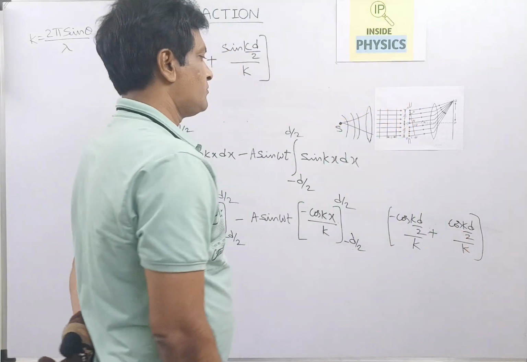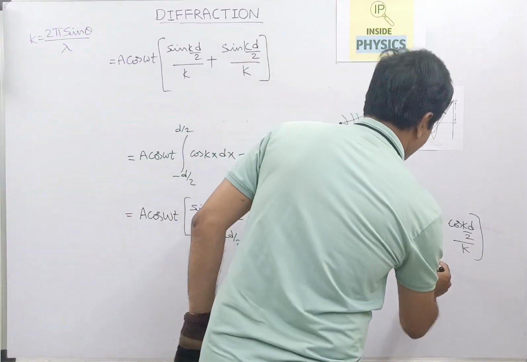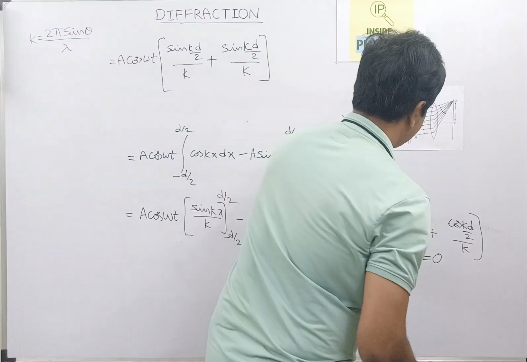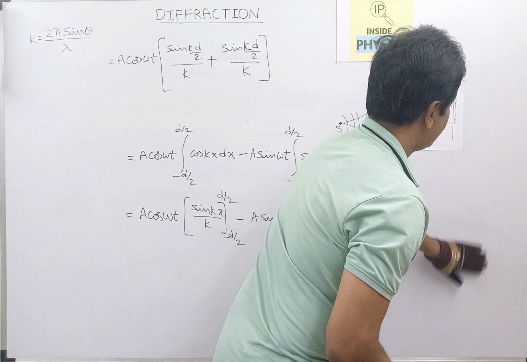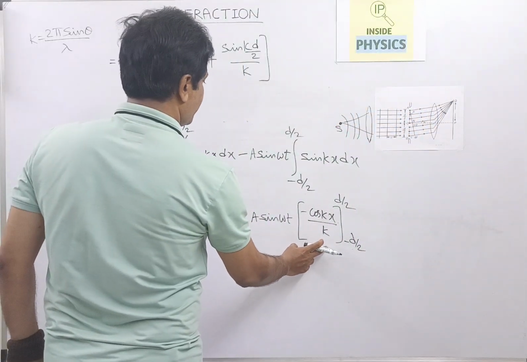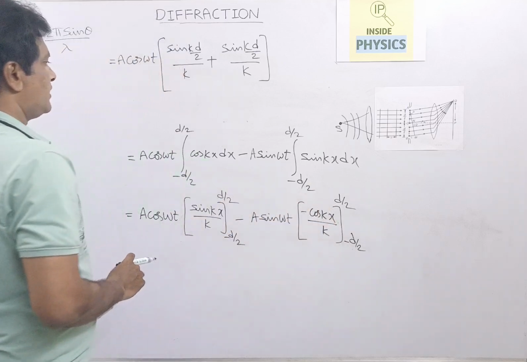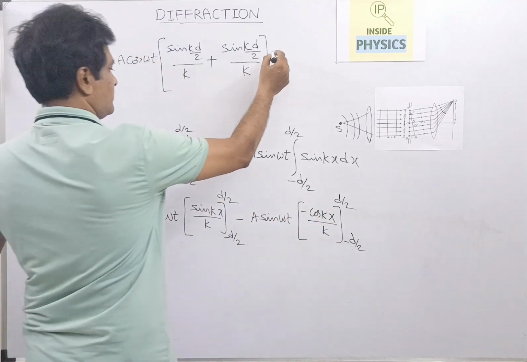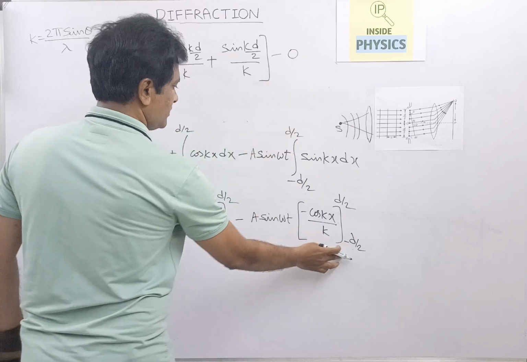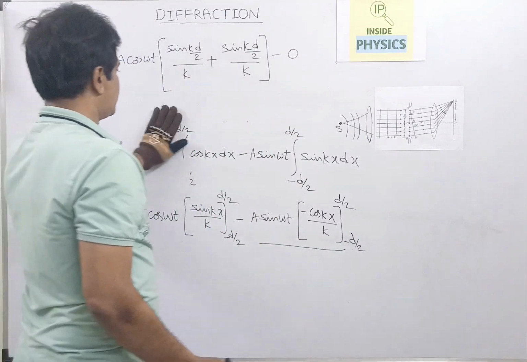In this way we can observe this term will become equal to 0, so this whole term we can remove. So what is the remaining term? This whole term will become 0. So we'll move to the next step.